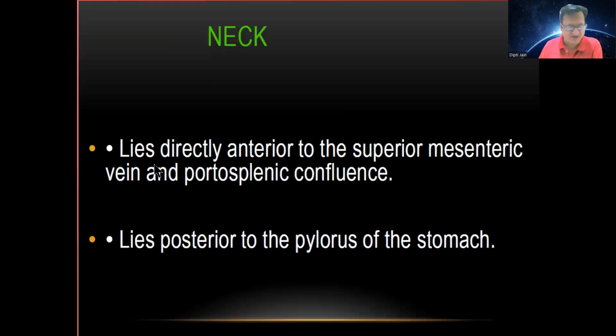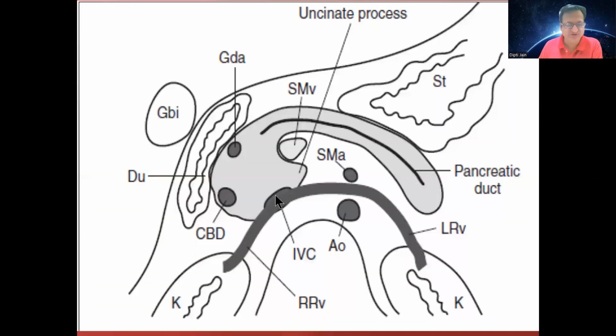Next is neck. Neck is directly anterior to the superior mesenteric vein and portosplenic confluence, and it lies posterior to the pylorus of the stomach. Let's review it in the diagram.